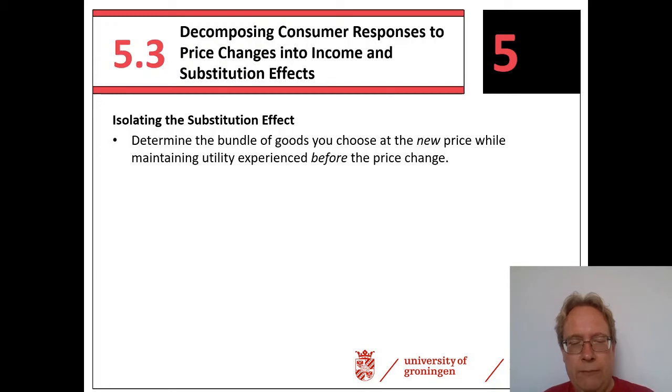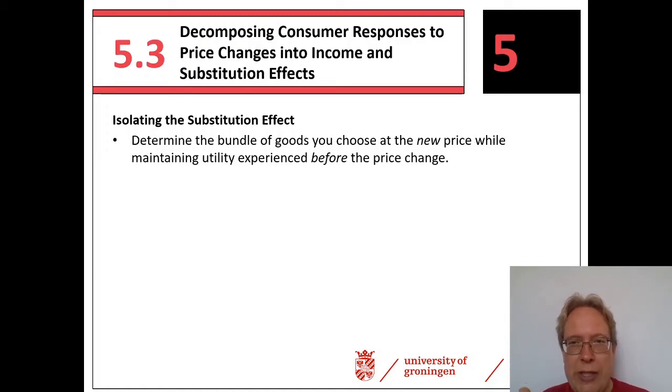Okay, so to find the substitution effects, we have to figure out what bundle you would choose at the new prices. However, we want that you're just as well off as before. We don't want your relative income to change. We don't want your income to change. So that means we want to keep you just as happy as before.